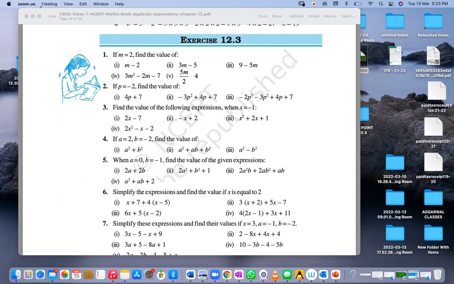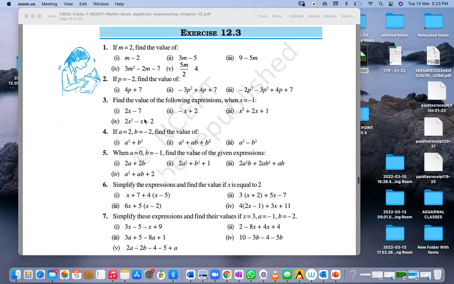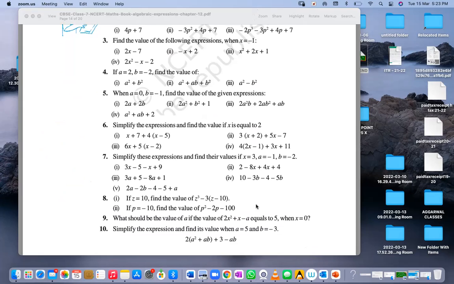Next sum says, this is the next sum. 10 minus 3b minus 4 minus 5b. Do it yourself. What are the like terms here?